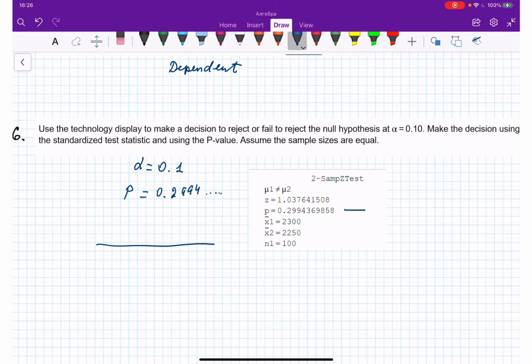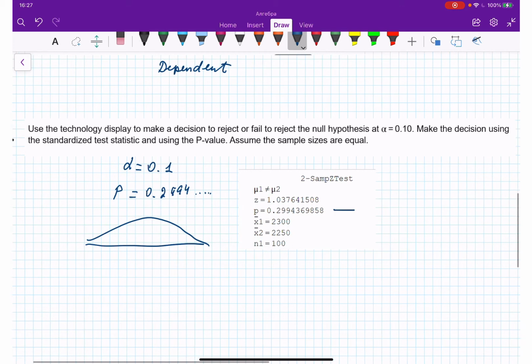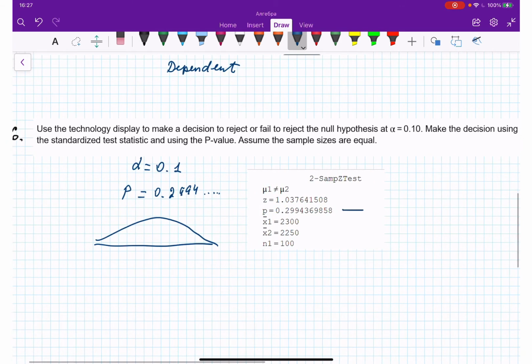So let's draw it. Reject or fail to reject the null hypothesis. I will make the decision using the standardized test statistic and the p-value. Assume sample sizes are equal. Our alpha is 0.1.